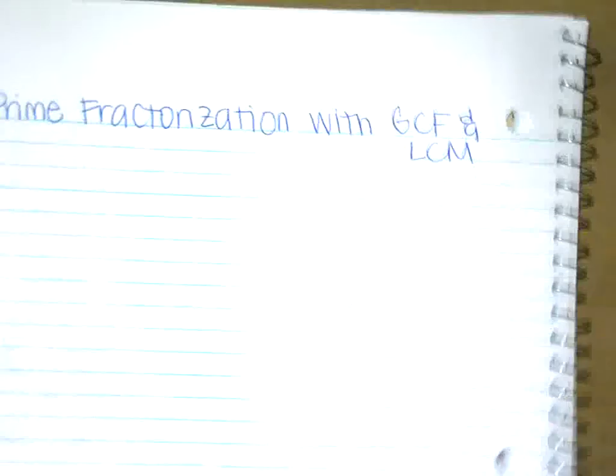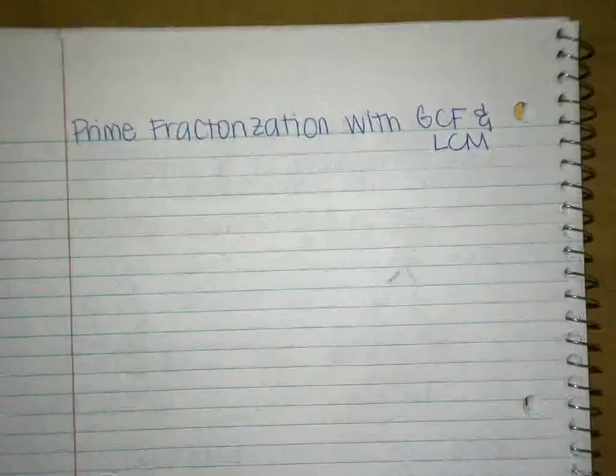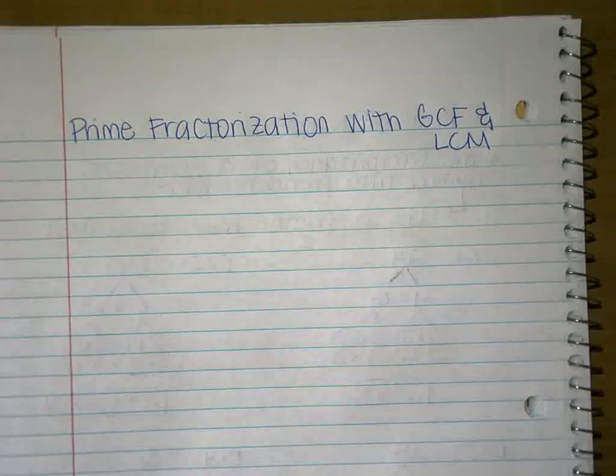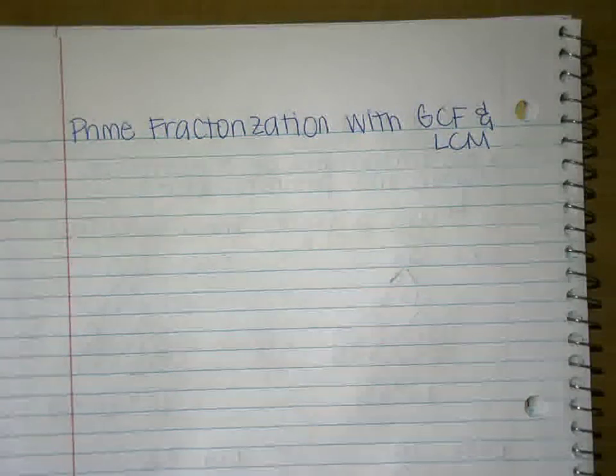So we can use our prime factorization to find our least common multiple and our greatest common factor. Okay, so the way that we do it is you will obviously get two numbers.